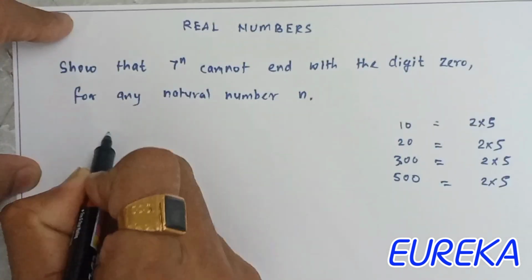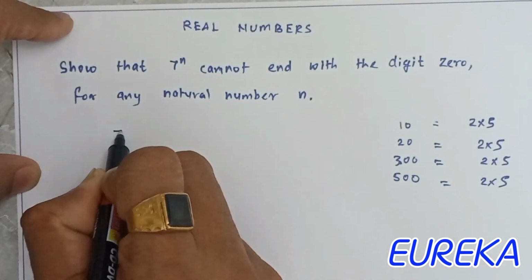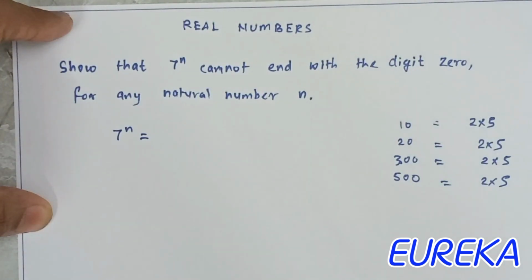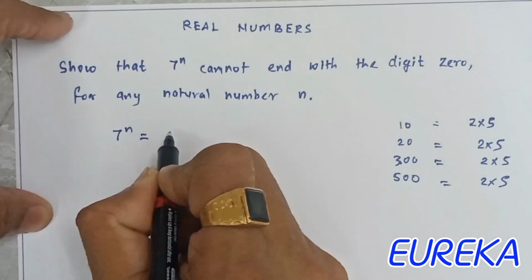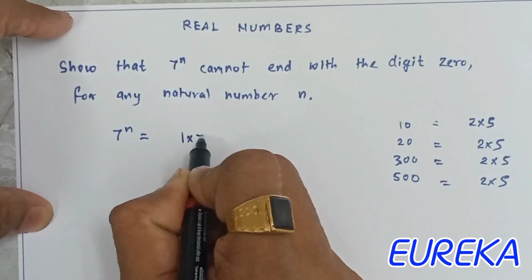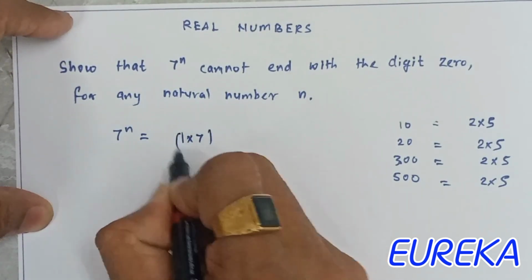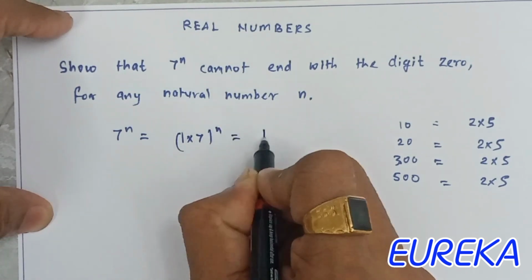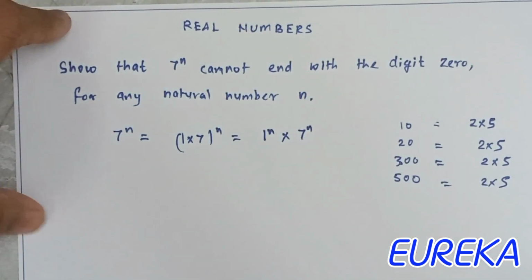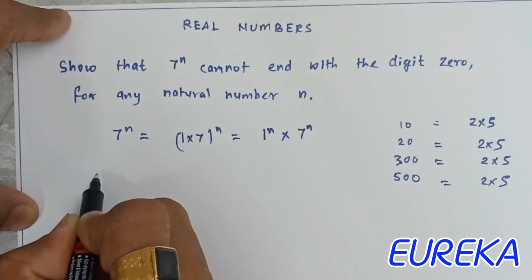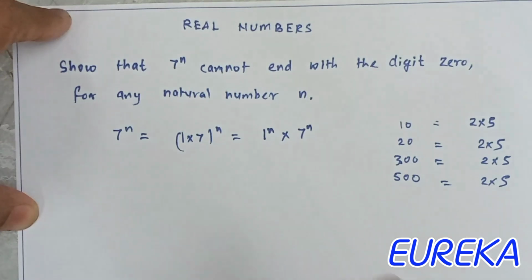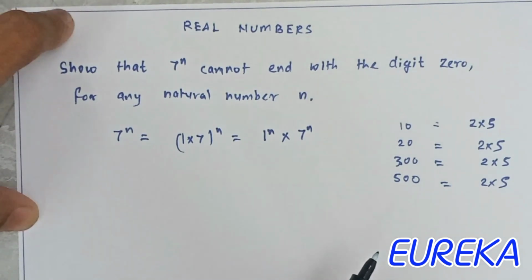We know that 7, in its prime factorization, has no other factors, so we write 1 into 7 to the power n, which is 1 to the power n times 7 to the power n.